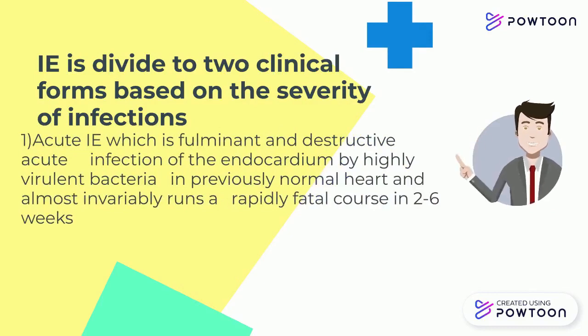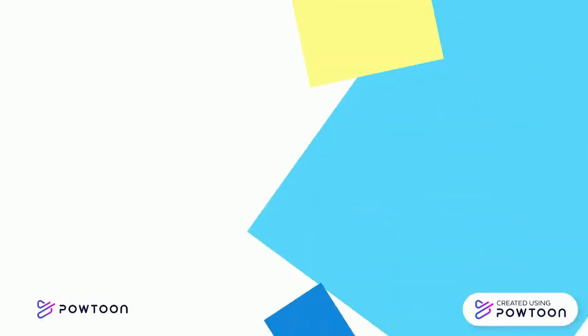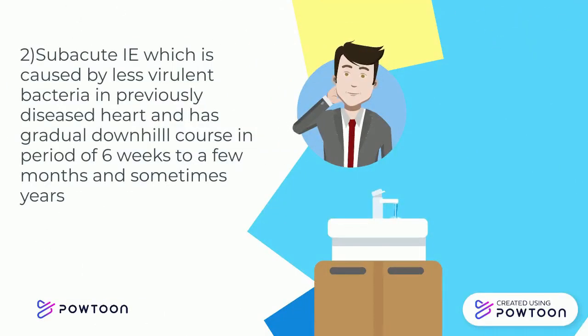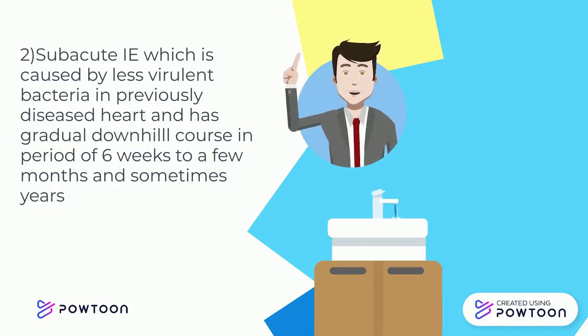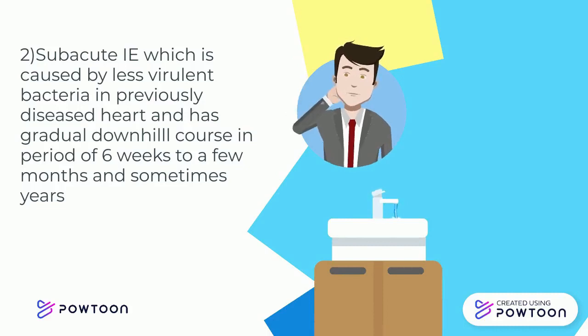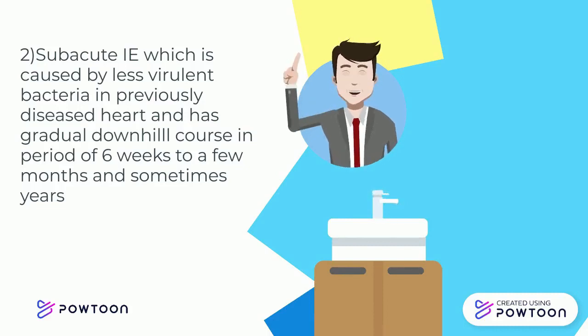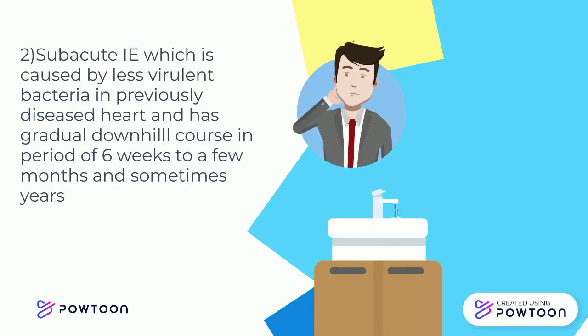Acute infective endocarditis is a fulminant and destructive infection of the endocardium by highly virulent bacteria in a previously normal heart, and almost invariably runs a rapidly fatal course in 2 to 6 weeks. The second one is subacute infective endocarditis, which is caused by less virulent bacteria in a previously diseased heart and has a gradual downhill course over a period of 6 weeks to a few months and sometimes years.